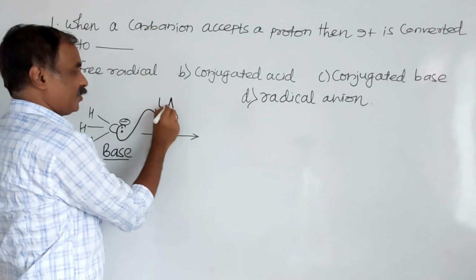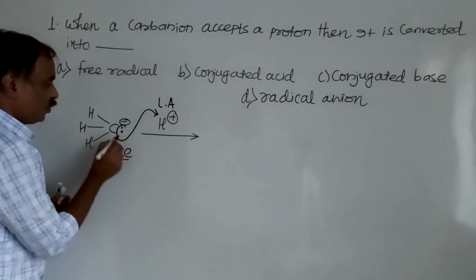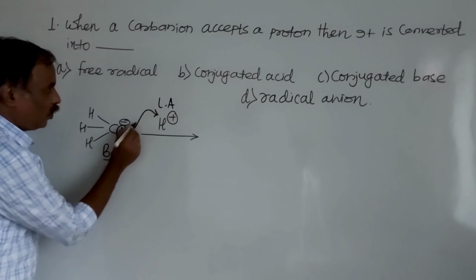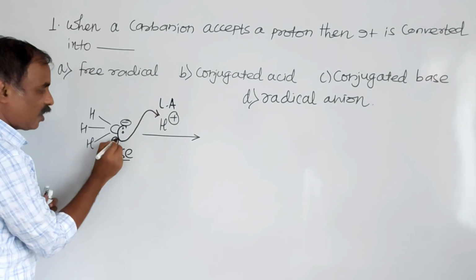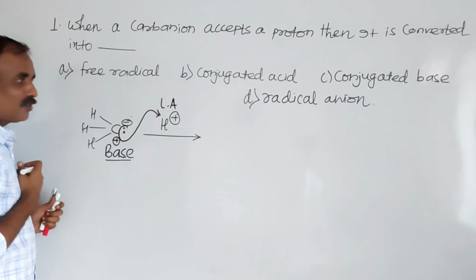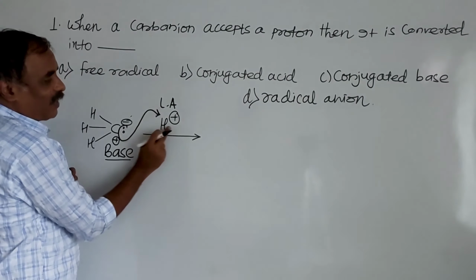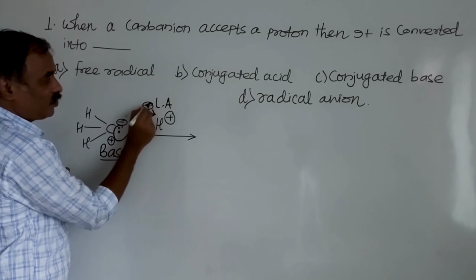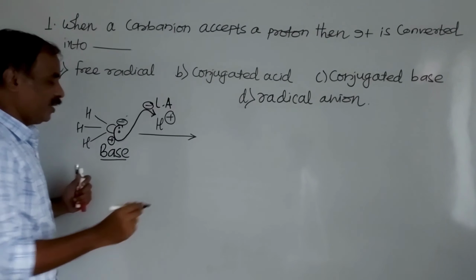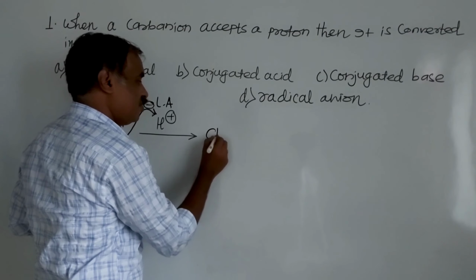This is a Lewis acid. Now this carbon donates its pair of electrons to H plus. Already it is negative, and by donating it acquires positive charge, so negative and positive cancel. H plus, having positive charge, by gaining electrons acquires negative charge, so they cancel.